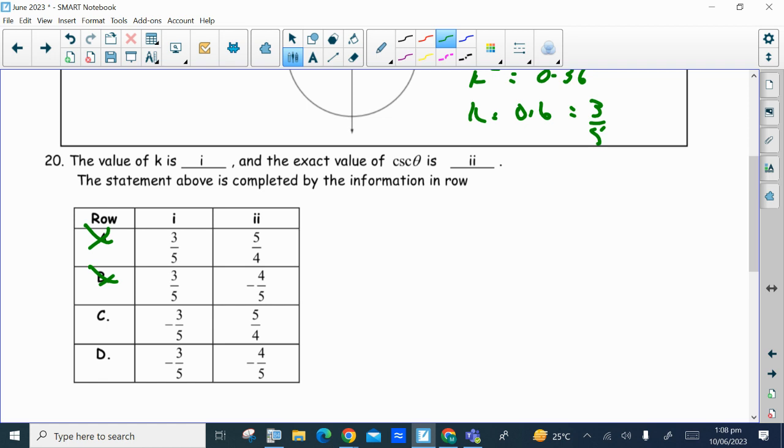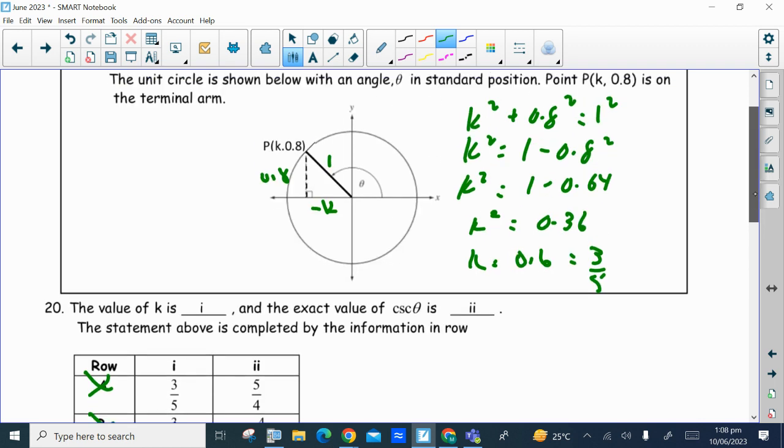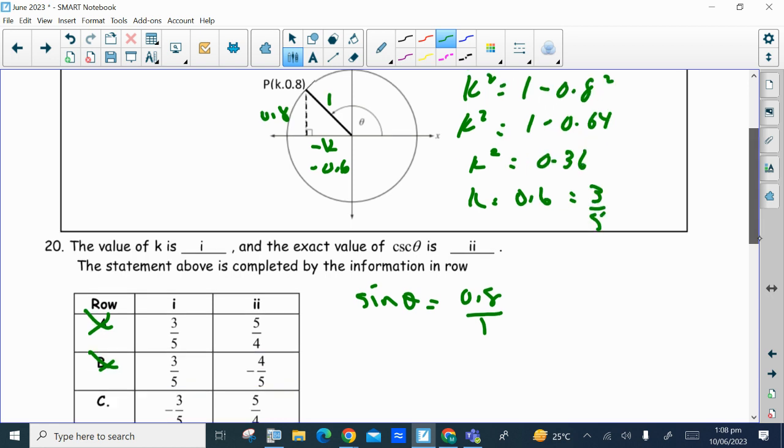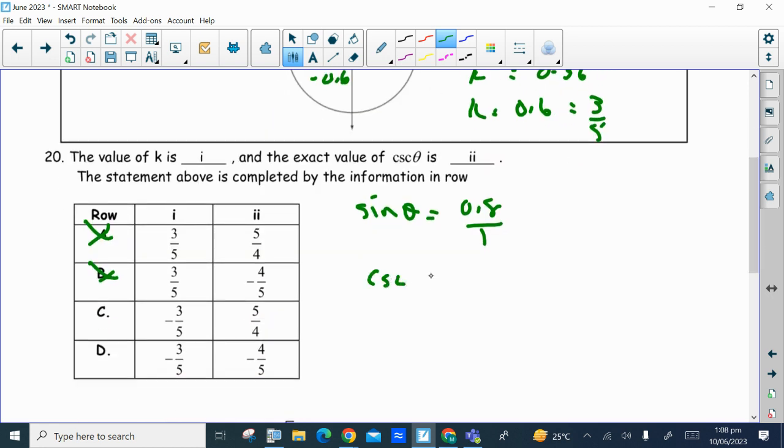So we also want to state the value of the cosecant. So k is negative 0.6. The cosecant is the reciprocal of sine. The sine of theta would be opposite over hypotenuse, 0.8 over 1. So the cosecant would be the reciprocal, 1 over 0.8.